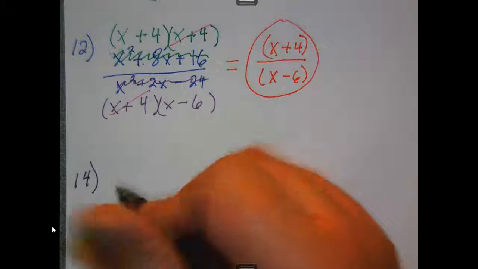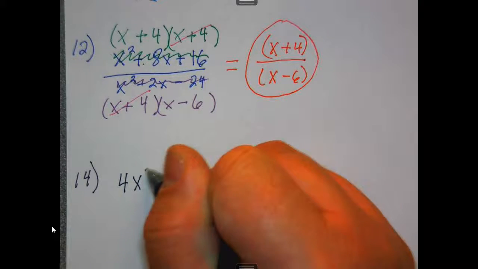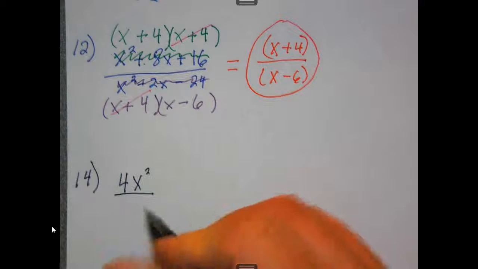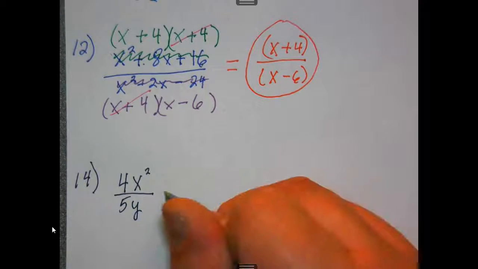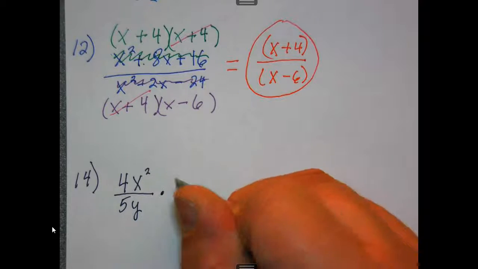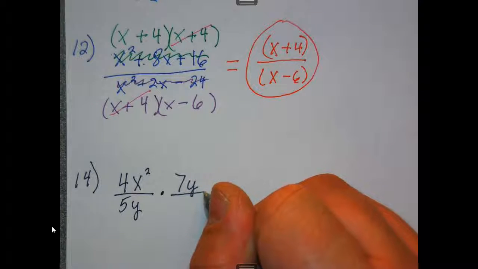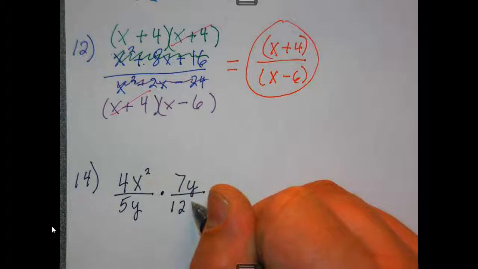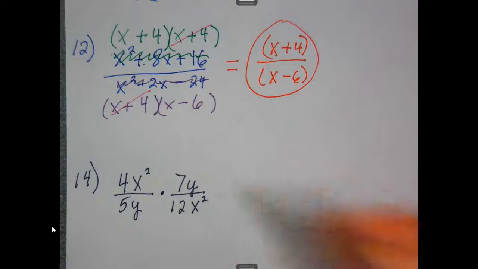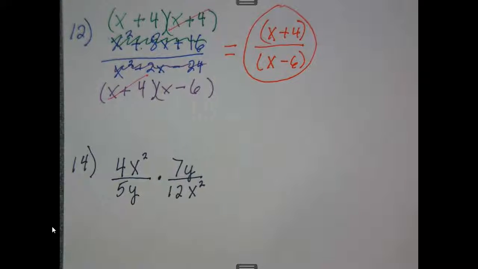All right, number 14. I have 4x squared divided by 5y times 7y over 12x to the fourth. Now, again, I'll do this one. Well, we're going to have to cancel.